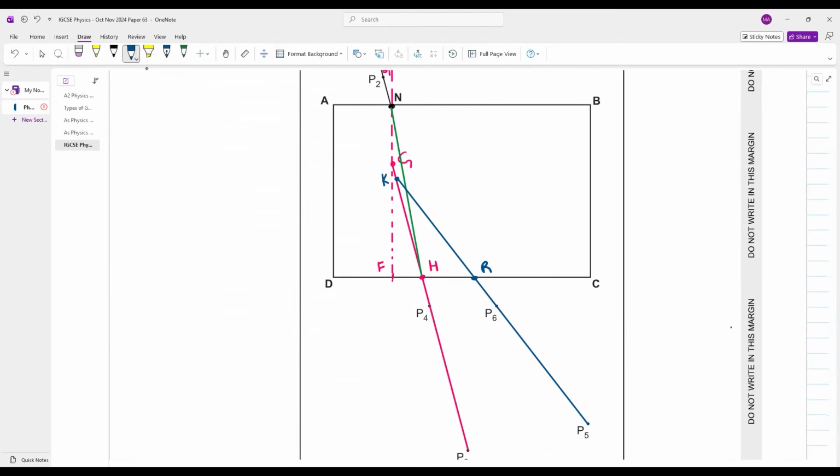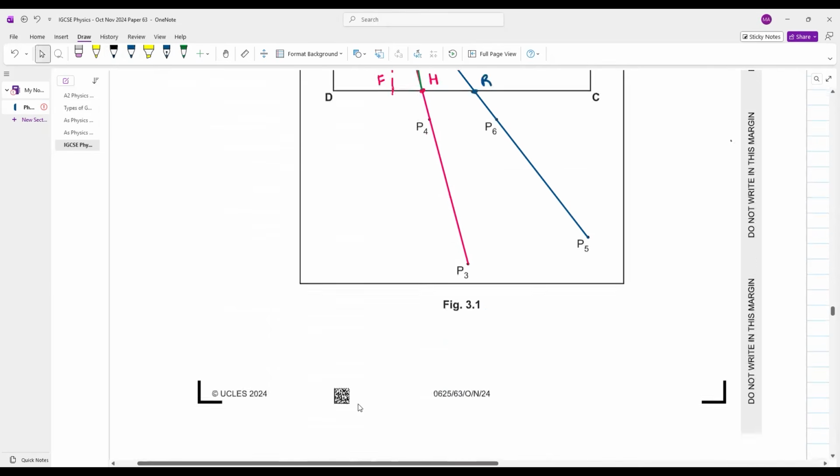This is your K. Now you have to measure the angle between RK and GH. So you have to measure this angle, the angle between GH and RK. Right, this is the angle we have to measure.